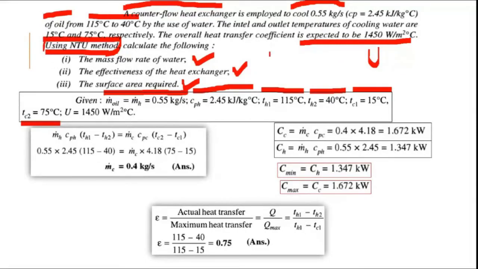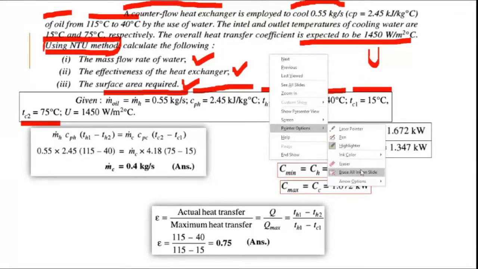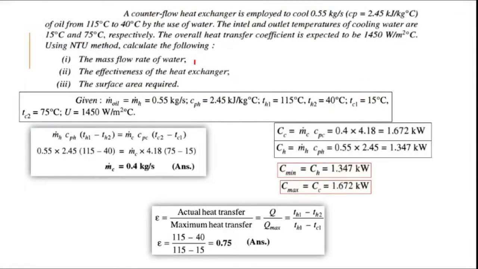Is the question clear to all? Is the given data clear to all? Yes, sir. Okay. We will see how to approach the solution. First part of the question says to find the mass flow rate of water. So as usual, we will see what are the different equations for heat transfer.